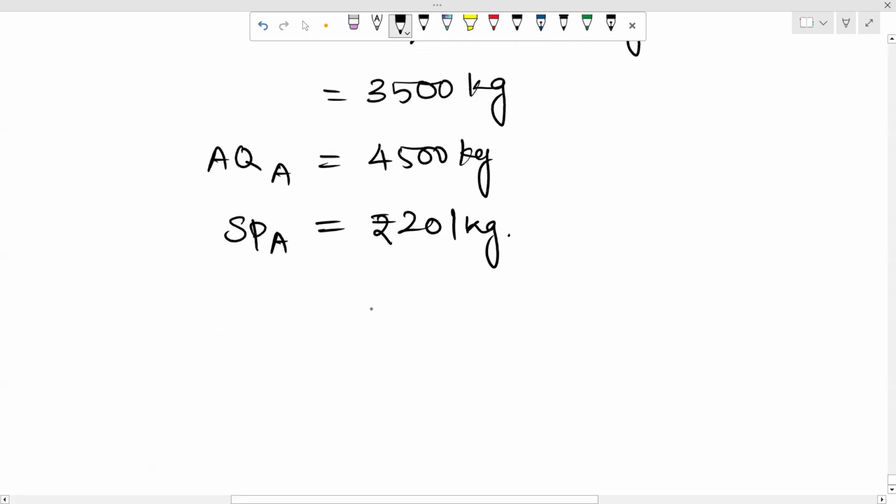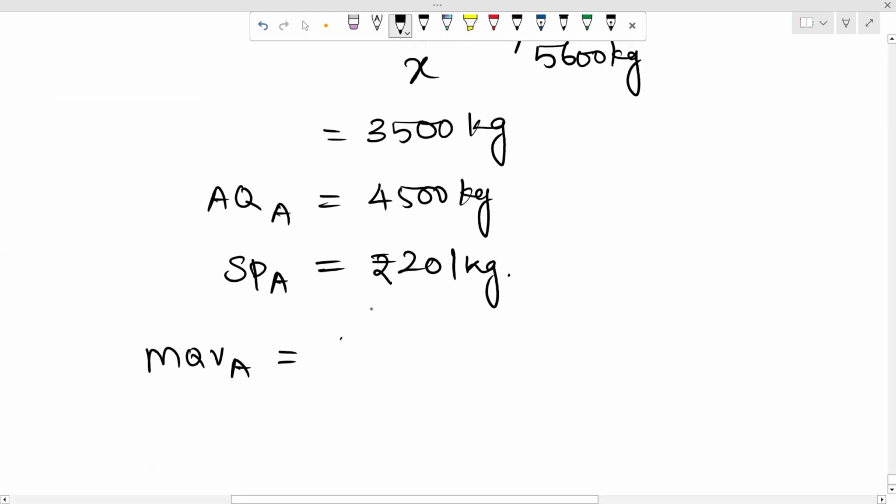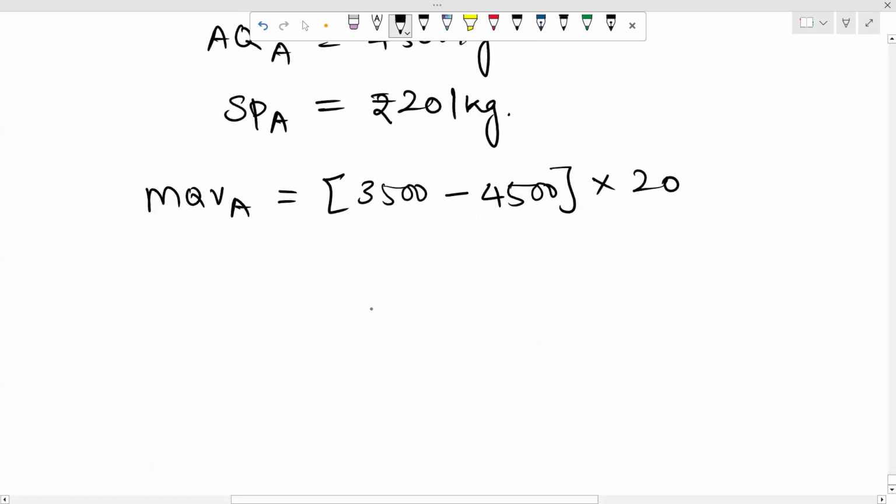Now let's apply the numbers in the formula and get the answers. Material quantity variance for raw material A is equal to standard quantity 3,500 minus actual quantity 4,500 into standard price 20. So it is negative 1,000 multiplied by 20. We get negative 20,000.